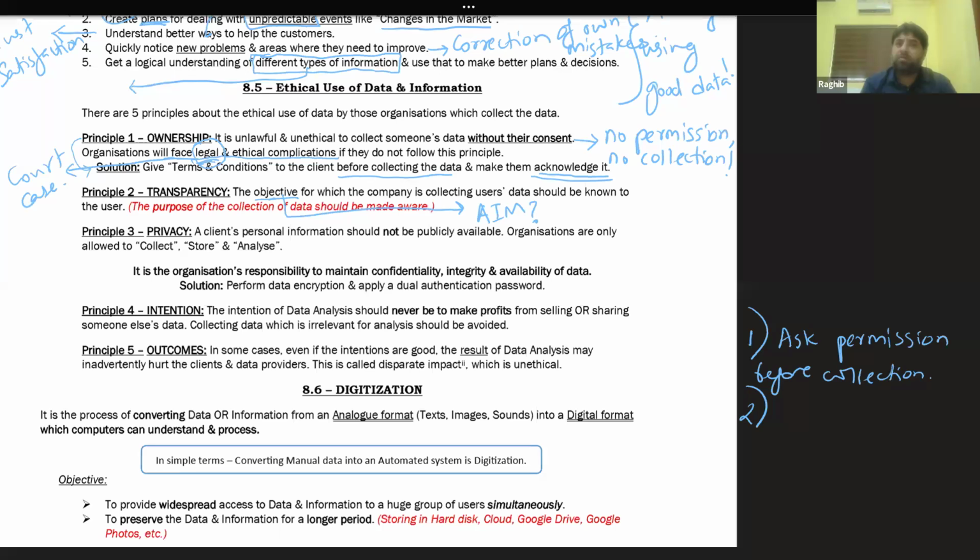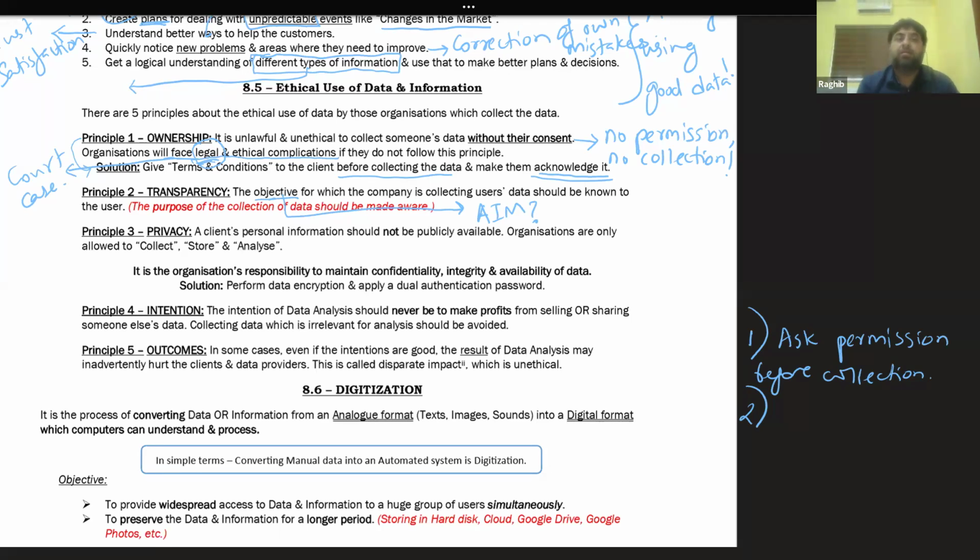Tell that to the person from whom you are collecting it. For your easy understanding, I have written some information in red text. The purpose of the collection of data should be made aware. Why are you collecting it? You have to tell that. Okay, so that is our second one.